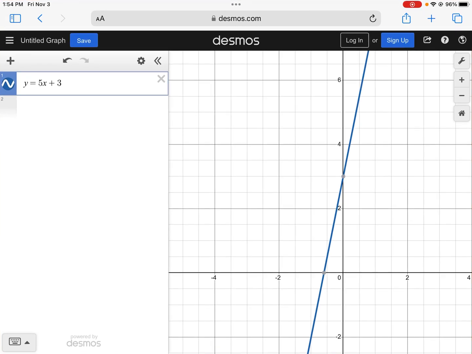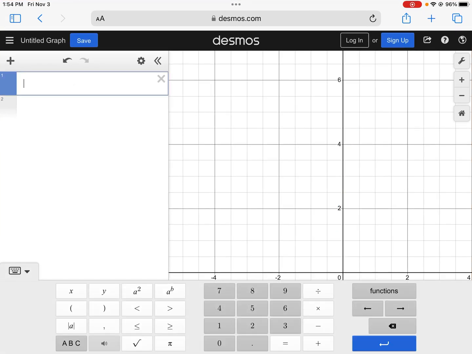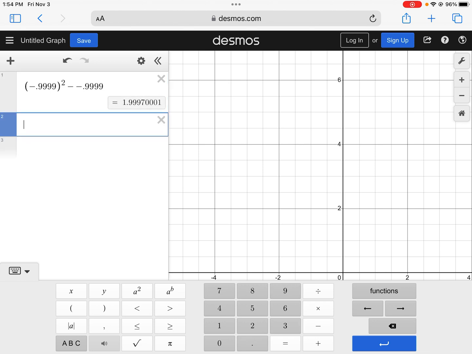So let's go to Desmos. Parentheses, negative 0.999 squared minus negative 0.999. So there's our first value.